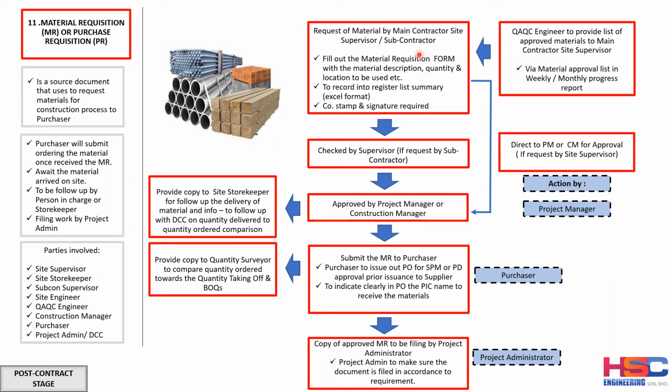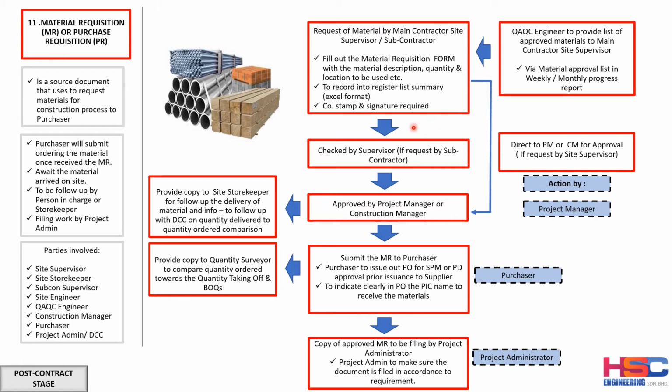Then the site supervisor or the subcontractor will fill out the material requisition form, putting in the material description, the quantity, and the location to be used. This will be recorded in the register list summary. Company stamp and signature are required on this material requisition form.